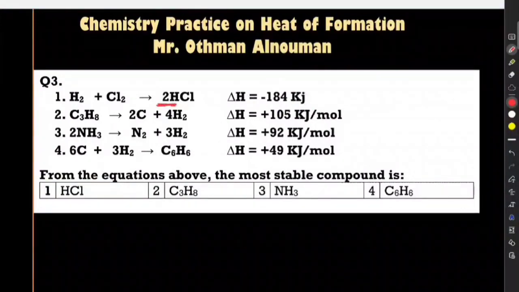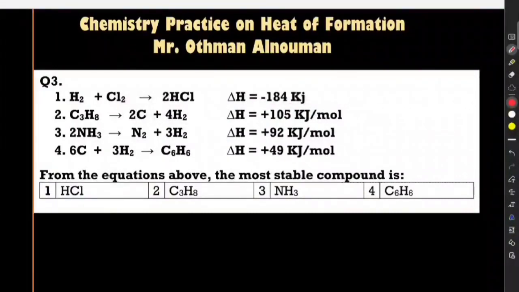This is the heat of formation of 2 moles of hydrochloric acid, negative 184. Yes, it is the highest negative in this case, but it is the heat of formation of 2 moles of hydrochloric acid, and in the choices I have 1 mole of hydrochloric acid, so this is not correct.